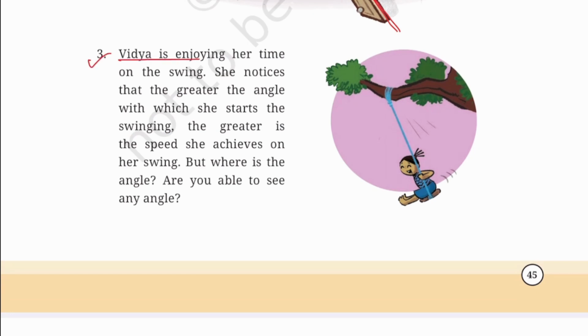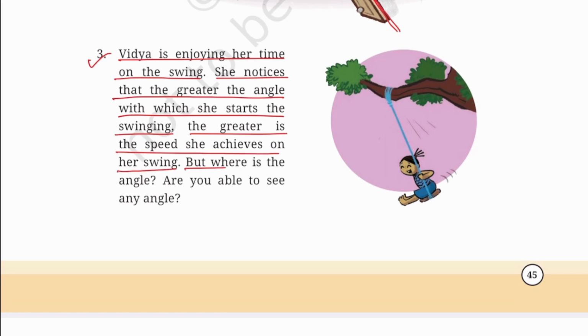3. Vidya is enjoying her time on the swing. She notices that the greater the angle with which she starts the swinging, the greater is the speed she achieves on her swing. But where is the angle? Are you able to see any angle? She says greater is the speed when she starts with greater angle.